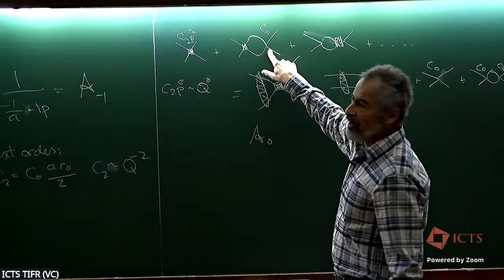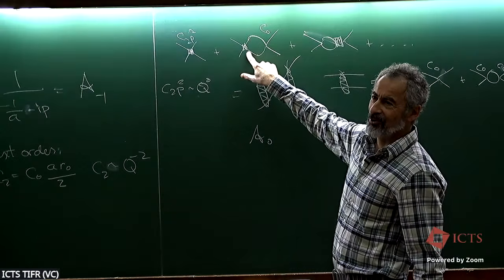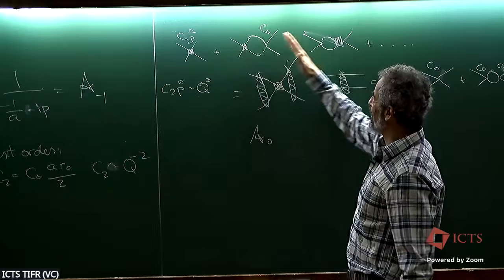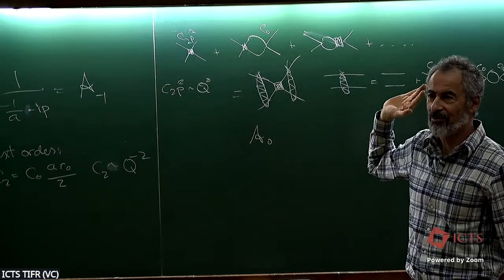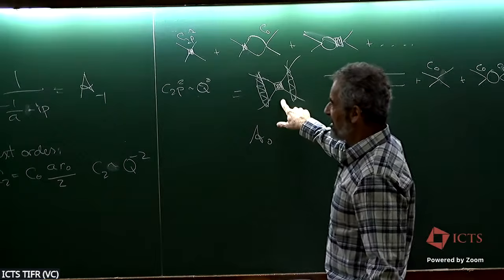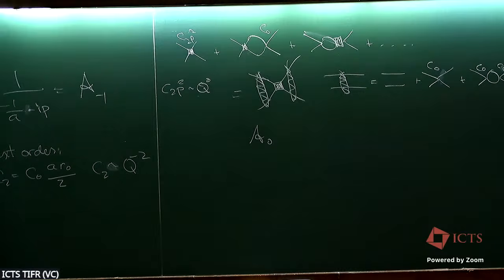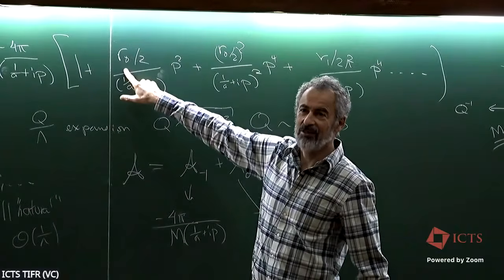And then every time you add a C0, you get a Q to the minus 1, but the bubble gives you a P, which is order Q, so it costs nothing. So you can dress it with an infinite number of these bubbles, and it doesn't change the order of Q. So this thing here will give us the second term. It involves a new coupling constant, which we can fit to R0. C2 gets fit to R0.